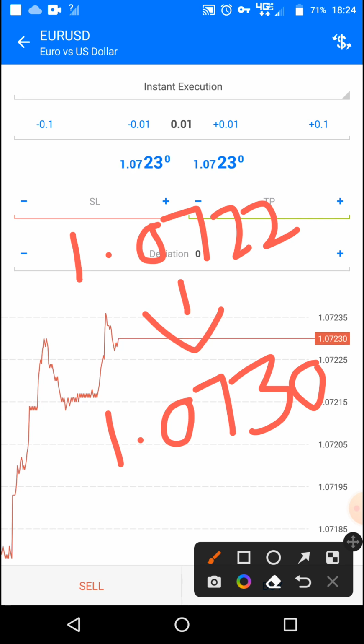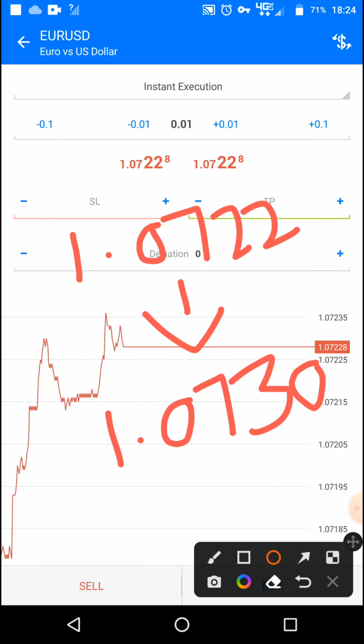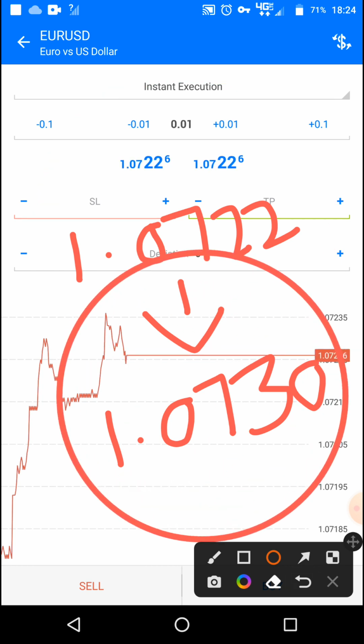Okay, so you deduct this particular one from this, and that will give you the amount of pips. That will be like 0.00, how much is that? That's about 8. Okay, the difference is 8. You just find the difference, and that will be the amount. That will be 8 pips.